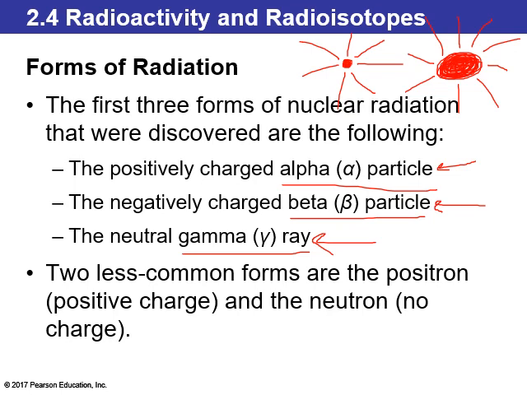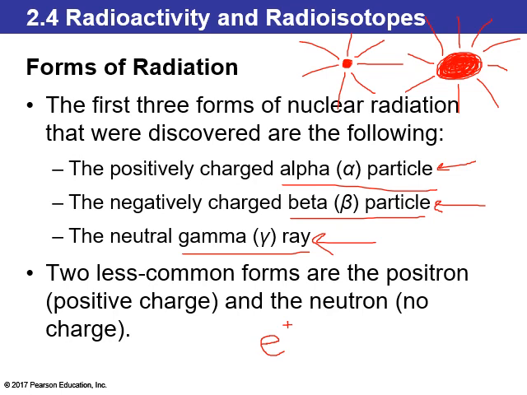Some other common forms are positron emission. A positron is a funny little particle. We talked about protons, neutrons, and electrons, but a positron, think of it as a positively charged electron. It's about the same size as an electron, but it's got a positive charge. And we use this in PET scans, positron emission tomography.